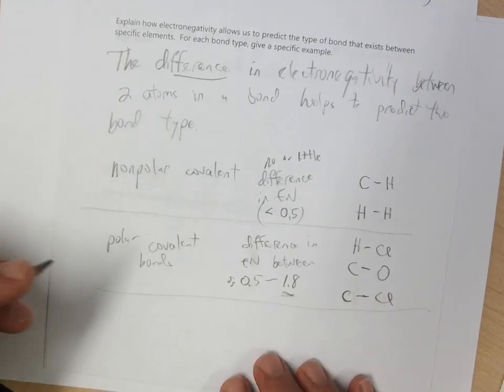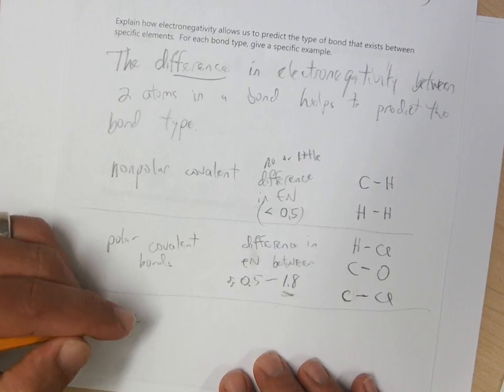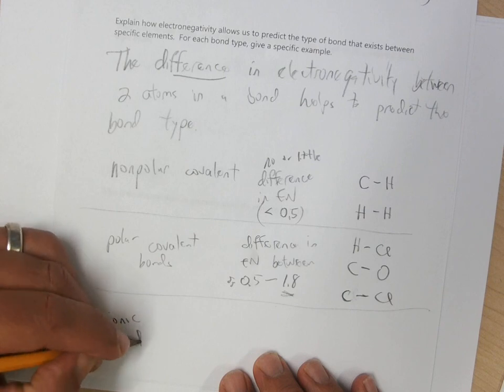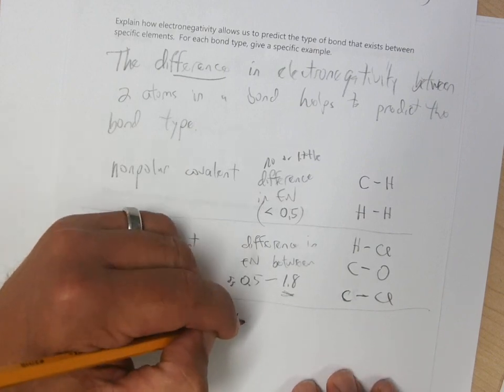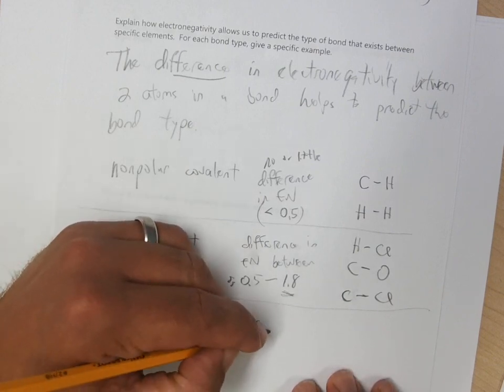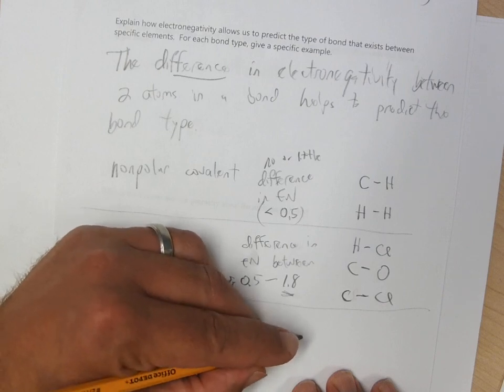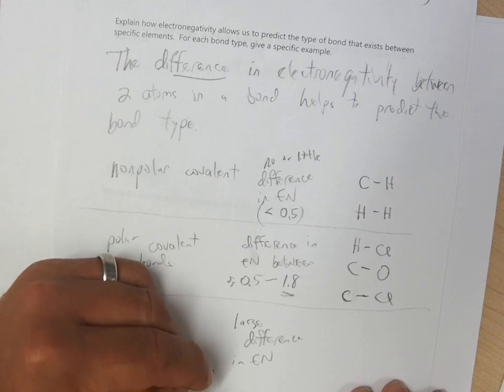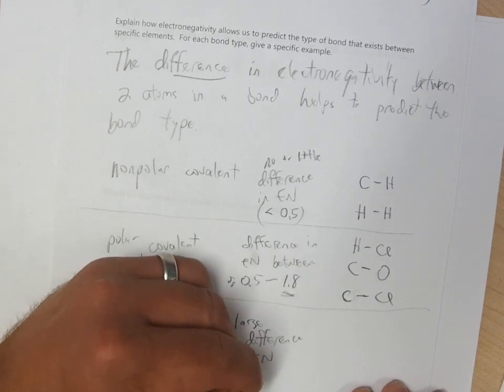So there's lots of different examples you can have for a moderate difference in electronegativity to cause a polar covalent bond. And then the third type we talked about in this part of the course is ionic bond, and that would be a large difference in electronegativity, and that's generally when you're going to have a metal and a nonmetal.